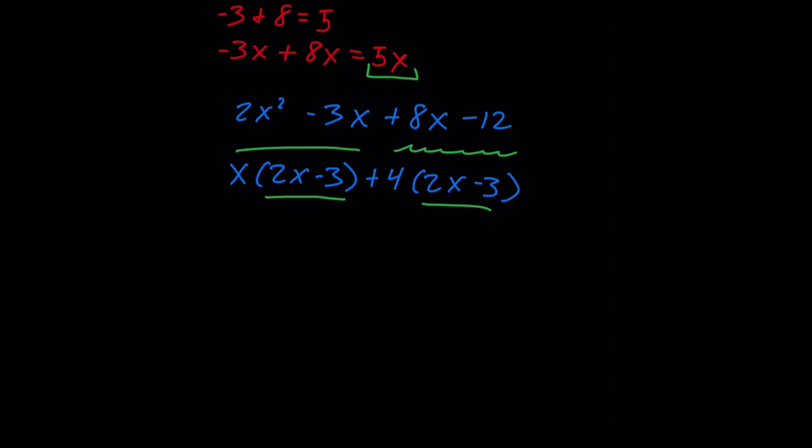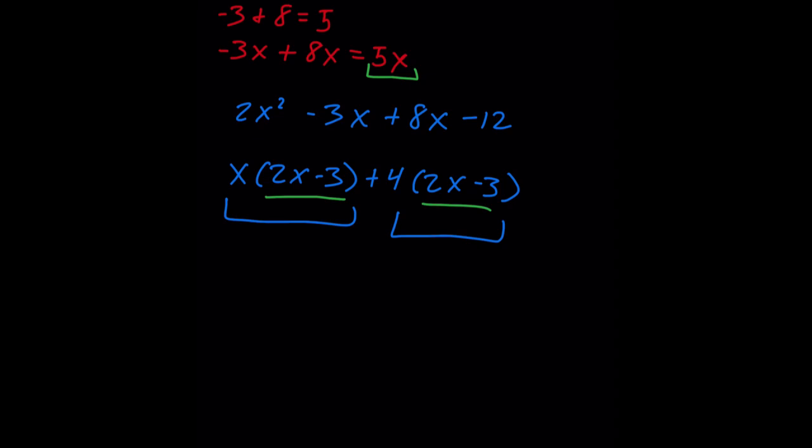So now we notice that we have the same expression on both sides. We're going to continue this problem by factoring again. This term, 2x minus 3, we know that that is actually the GCF between both of these two terms. It's what they both have in common.